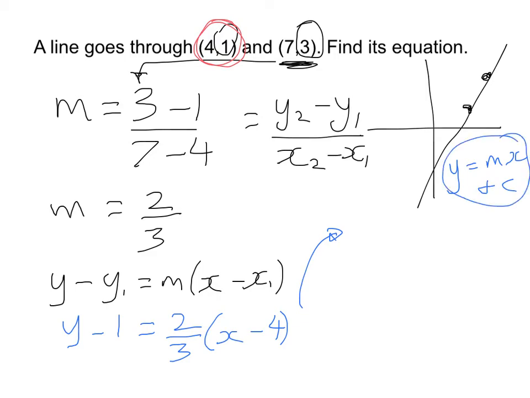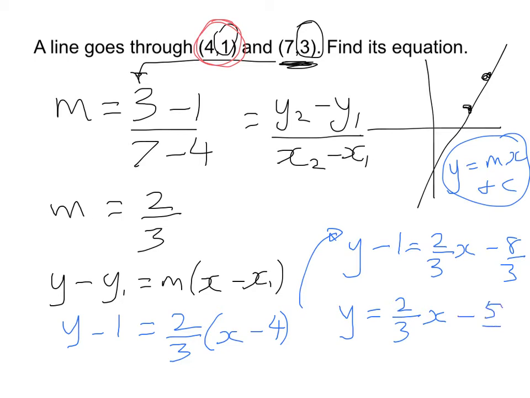So we have y minus 1 equals 2/3 x minus 8/3. So my final answer will be y equals 2/3 x minus 8/3 plus 1, which will be minus 5/3. So that's my answer.